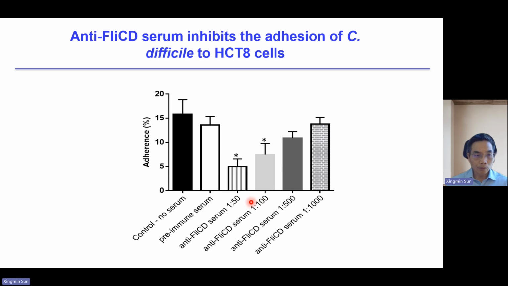We diluted the anti-FliC serum and added the diluted serum to the mixture of C. difficile cells and HCT cells. Then we determined the adhesion percentage, and we found there is a significant reduction.